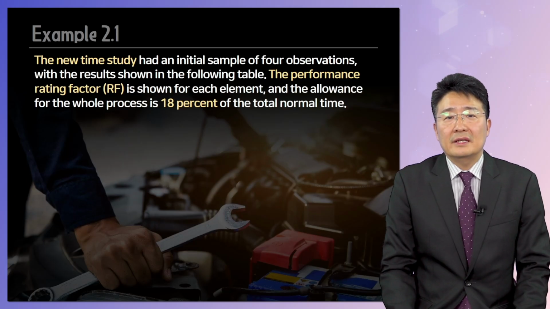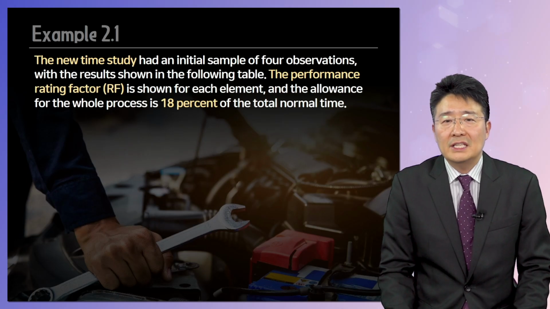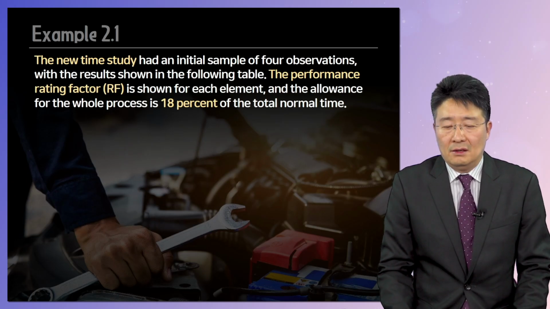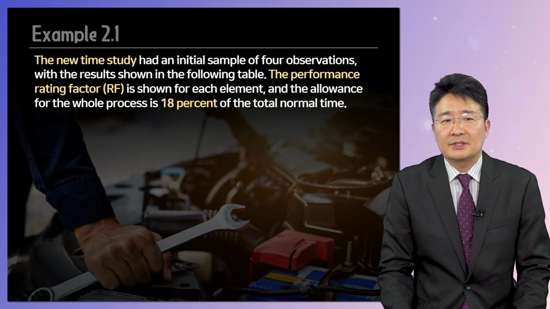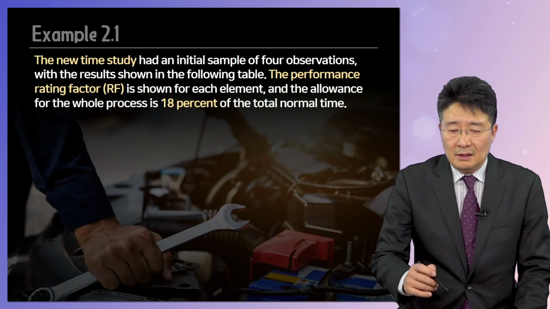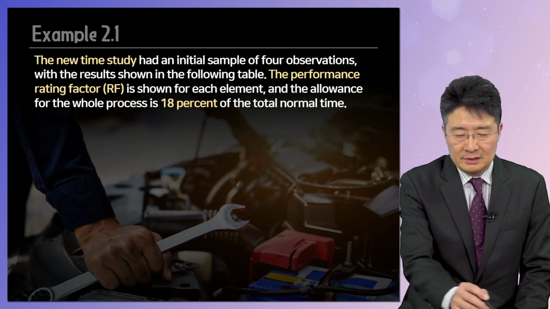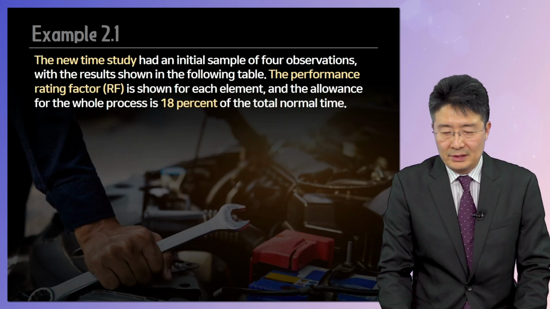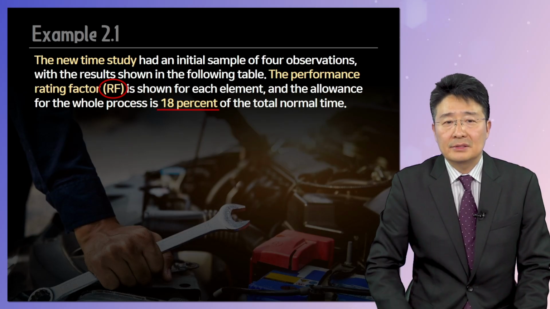The new time study had an initial sample of 4 observations, with the results shown in the following table. The performance rating factor is shown for each element, and the allowance for the whole process is 18% of the total normal time. So the RF is 18%.